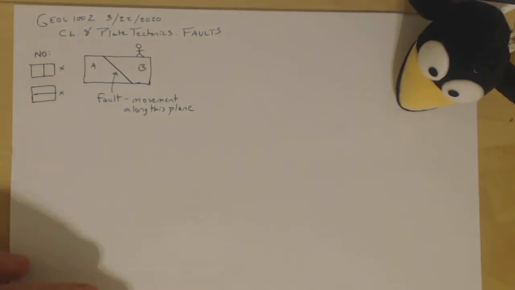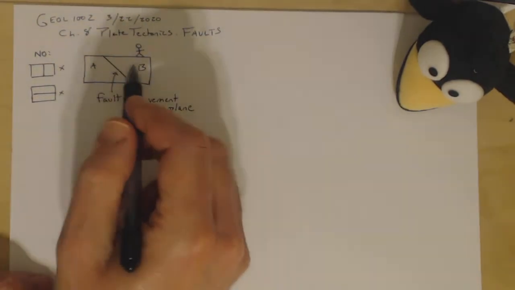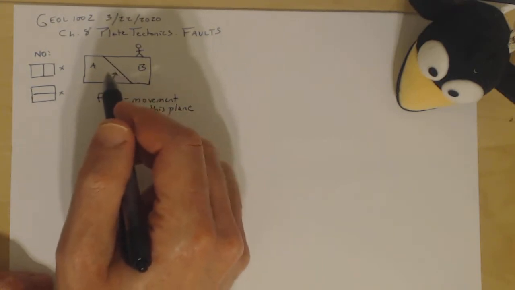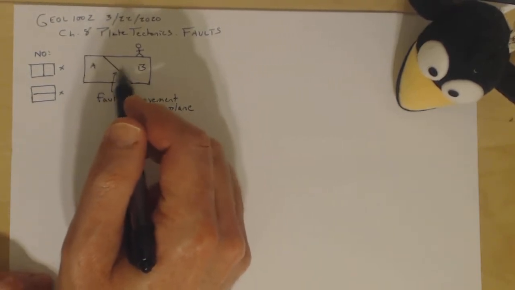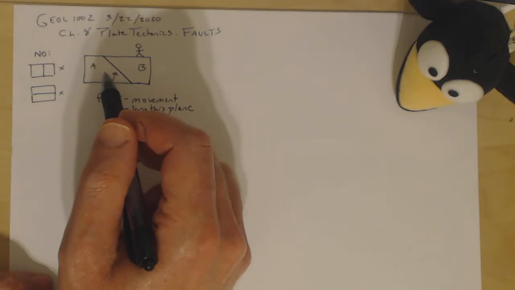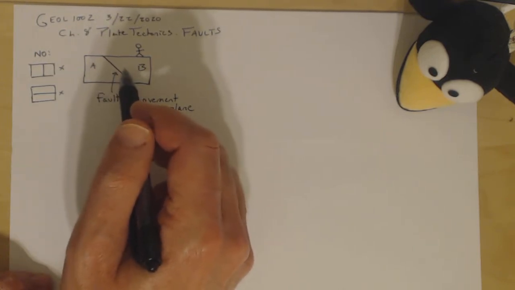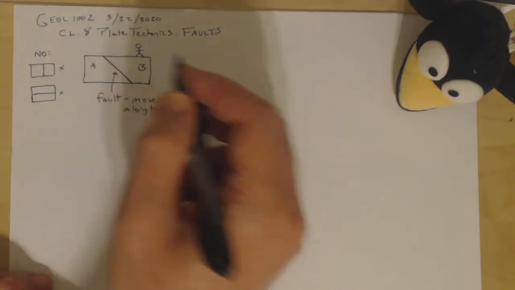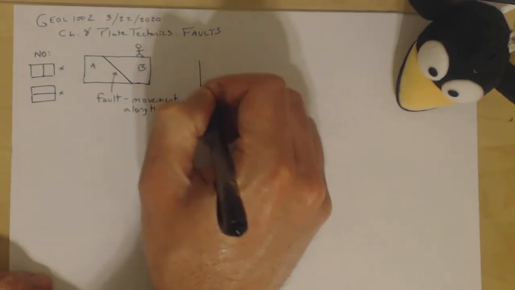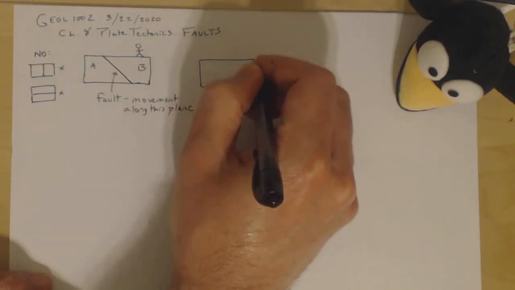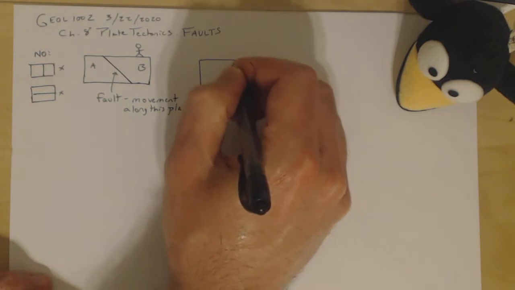Now, in order to talk about which side is moving relative to the other, there is a convention that geologists use when talking about one block versus the other, in this case block A versus block B. And the convention is this. Let's say you drew your fault looking like this.